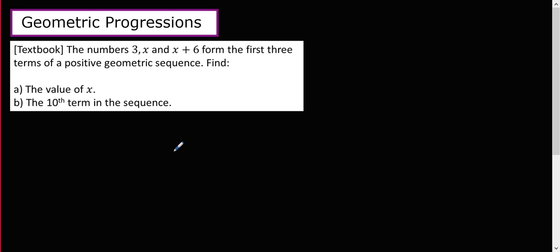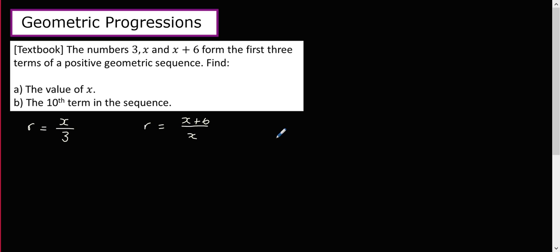So the numbers 3x and x plus 6 form the first 3 terms of a positive geometric sequence. Positive geometric sequence means we've got a common ratio r that we're going to need to work out. So we can write r in 2 different ways. We can say that r is x divided by 3, the second term divided by the first. But we can also say that r is x plus 6 divided by x.